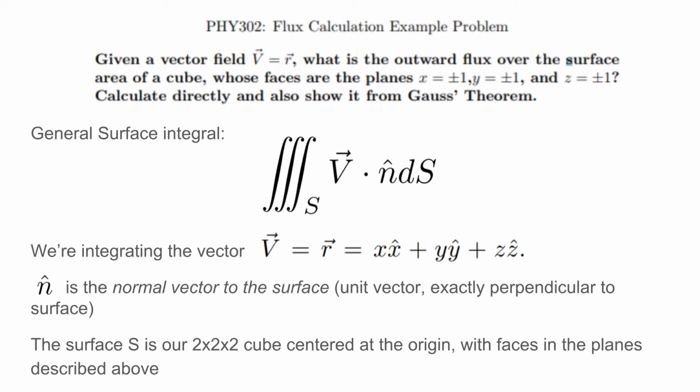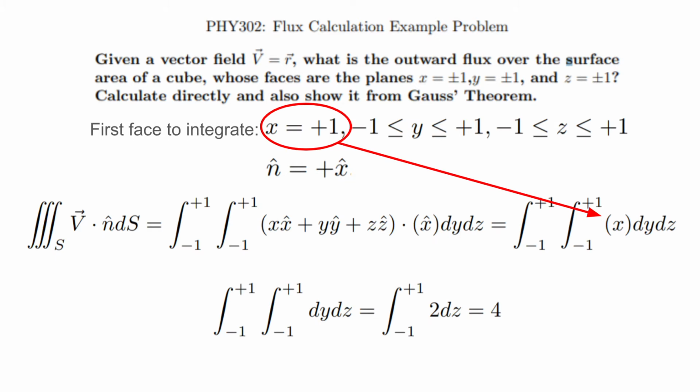Since this integral is over the entire surface, but it's hard to find a formula for a cube as one continuous surface, we're just going to treat each of the 6 faces separately. Let's start with the side of the cube at x equals 1, which has a normal vector pointing away from the origin of positive x hat.